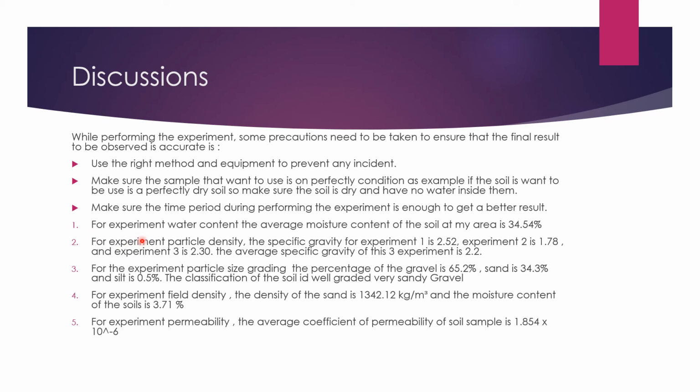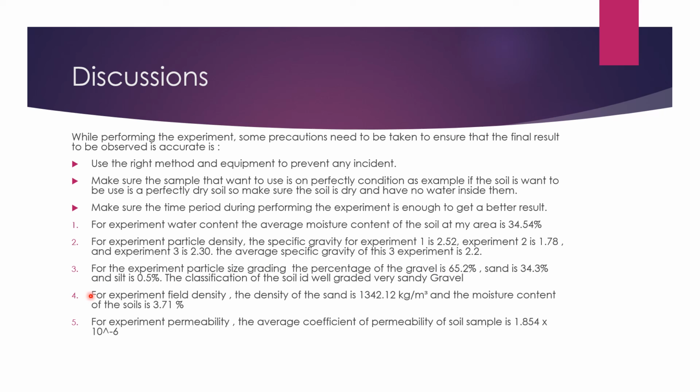For the water content experiment, the average moisture content of the soil at my area is 34.54%. For the particle density experiment, the specific gravity for experiment 1 is 2.52, experiment 2 is 1.78, and experiment 3 is 2.3. The average specific gravity of these three experiments is 2.2.